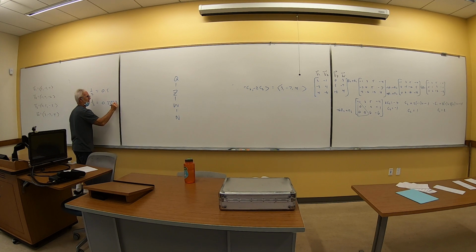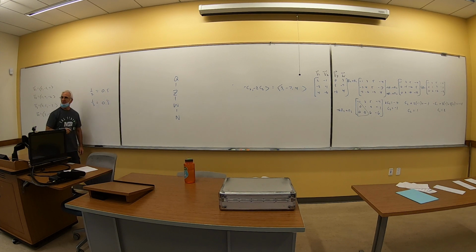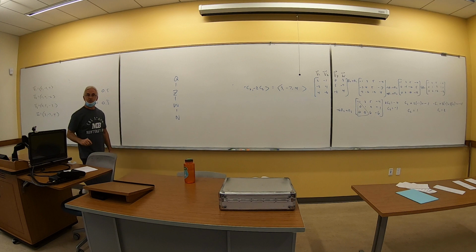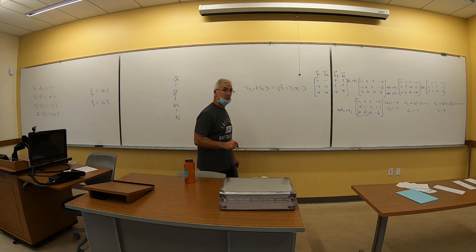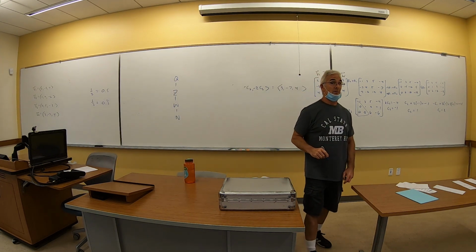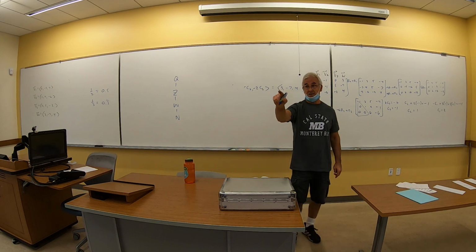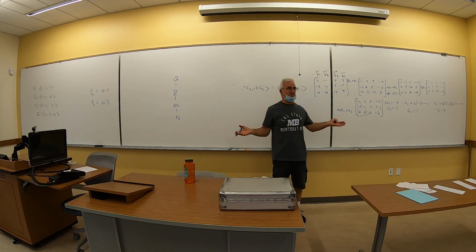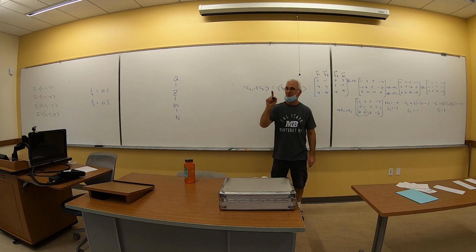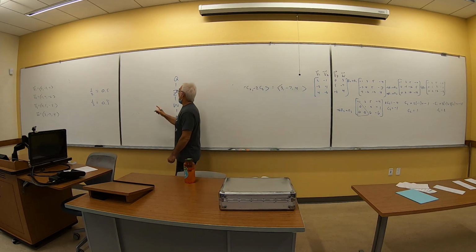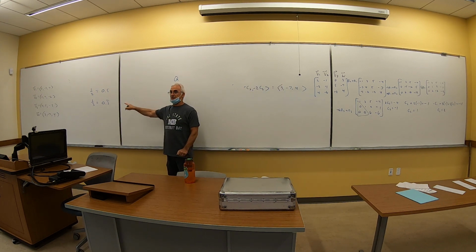Every rational number either has a terminating decimal or an infinite repeating decimal. That's the key. It's got to be repeating. If it's not terminating, it's infinite. But it's got to be repeating. That's an alternate definition of the rationals.